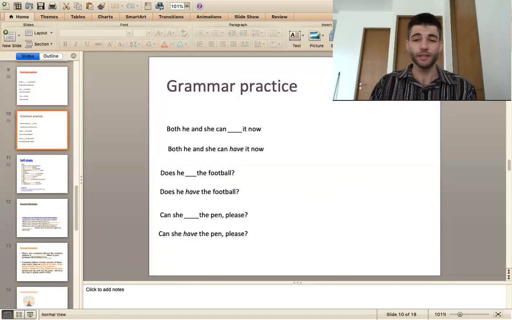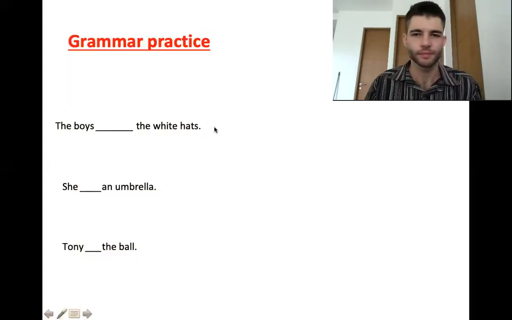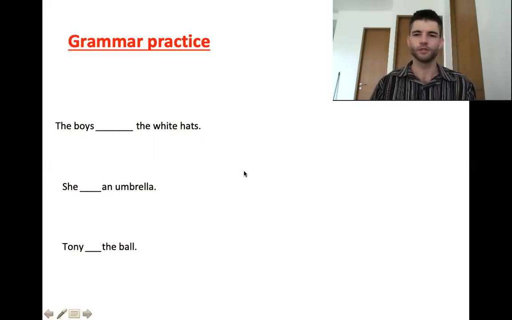Now we're going to practice our grammar. So we looked at how to use it and why we use it. Now we need to practice it. Okay, so let's practice it. So let's do grammar practice.